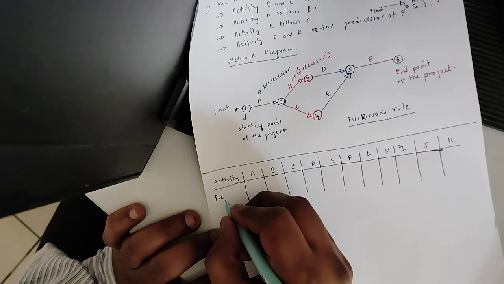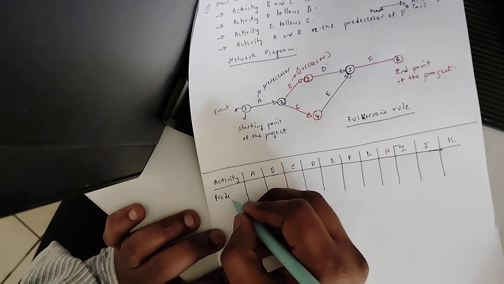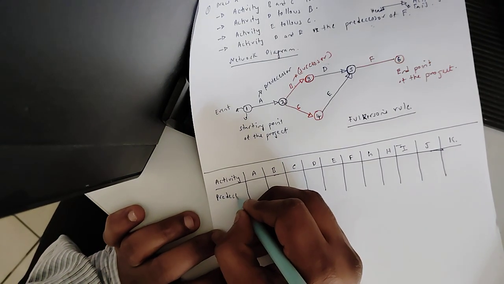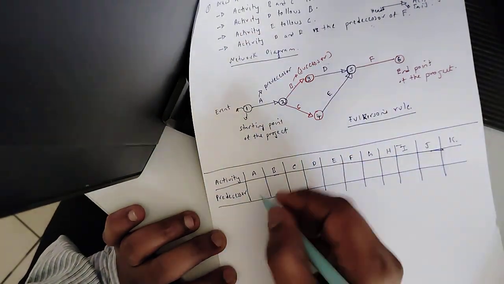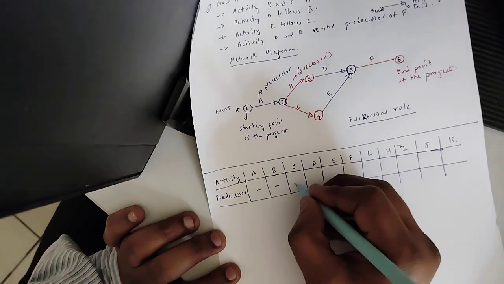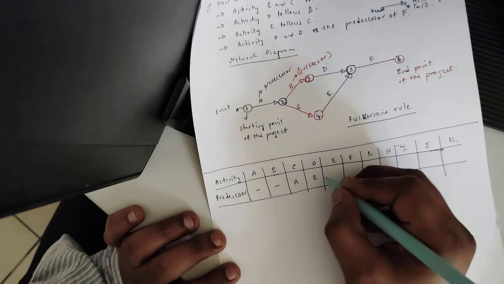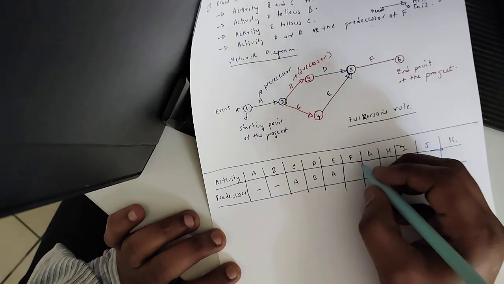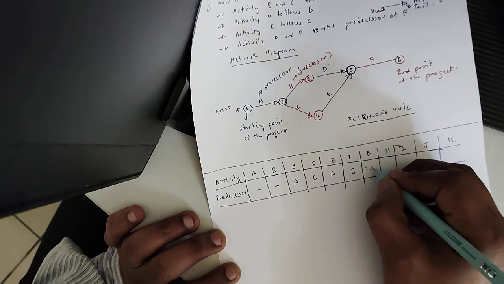Now, for the procedures: for A and B, it's nil, and for C the procedure is A, and for D the procedure is B, and for E the procedure is A, and for F the procedure is B. Again, for G, C and D are the procedures.